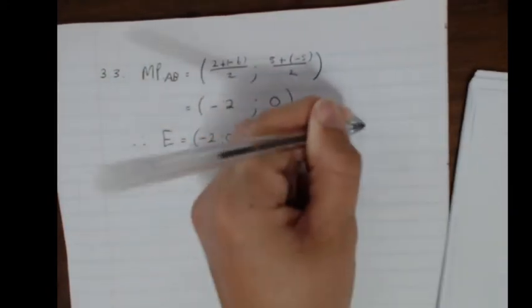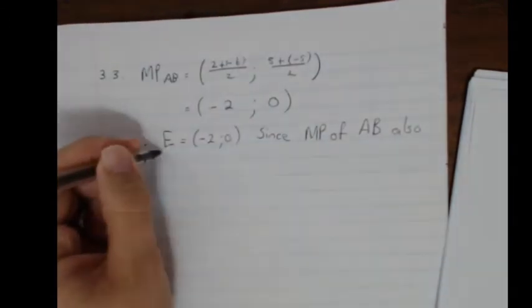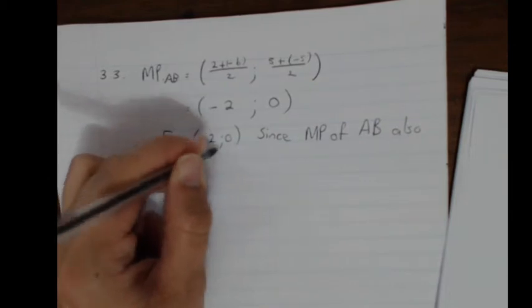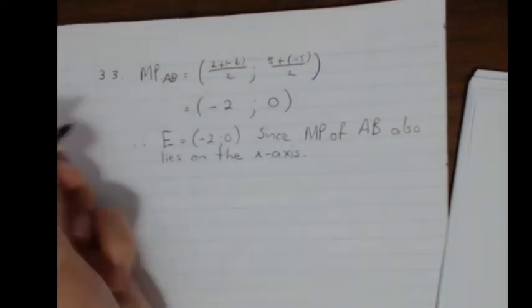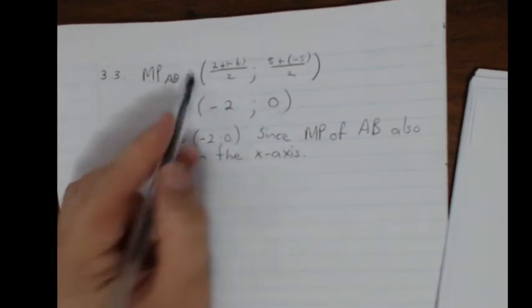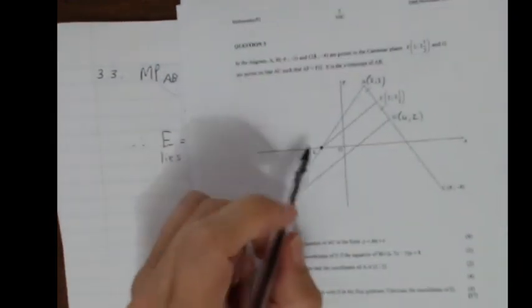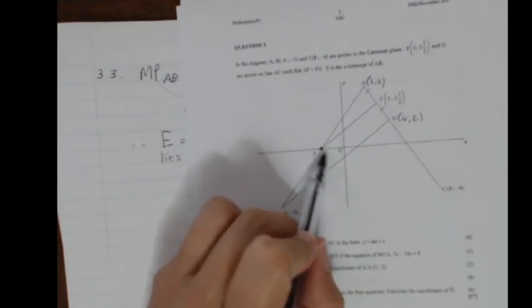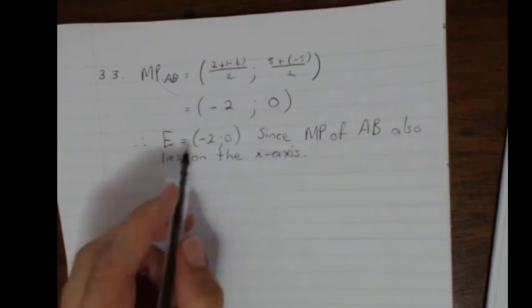since the midpoint of AB also lies on the x-axis. Okay, since this is a 0, it makes the midpoint of AB on the x-axis. But E is the point on the x-axis. So E is the midpoint of AB, right?